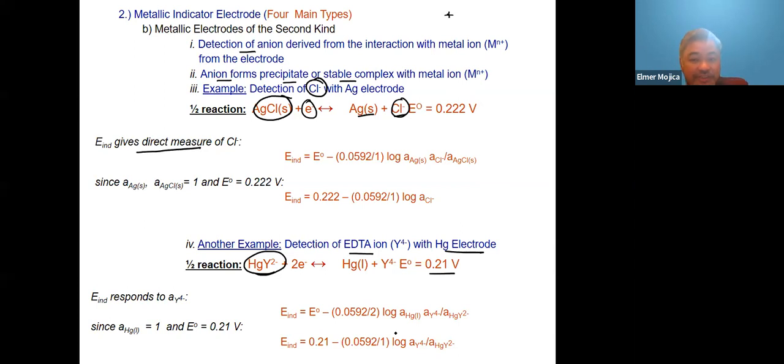So we can include here, even though we use it as a reference electrode, both the silver chloride electrode and the so-called calomel electrode, because this is what we used. That's a silver chloride electrode. And this one, that's your calomel electrode.